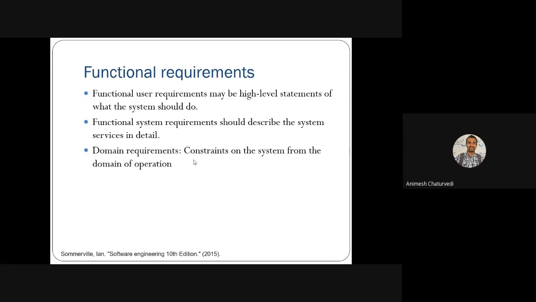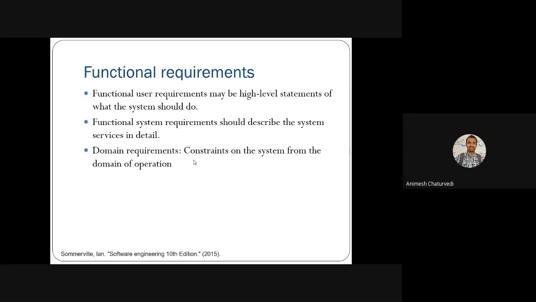Functional requirements for the users should be high-level statements in English or some natural language, or in diagrammatic or tabular form, and the specification should tell us what the system should do. Functional system requirements describe what the system should do and what services need to be delivered.